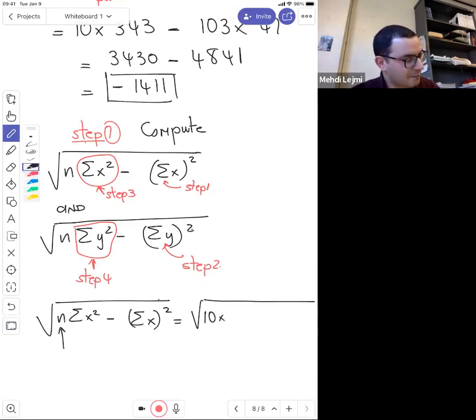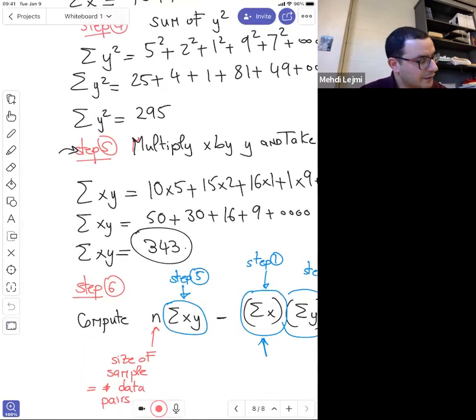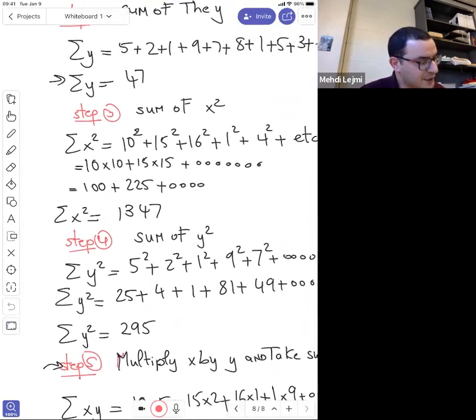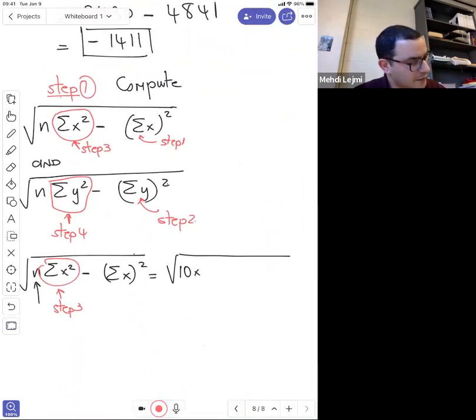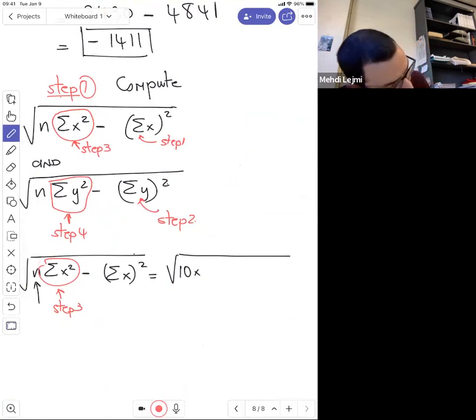We said that's from step 3, so let's get the number from step 3. That's 1347, so times 1347 minus, and then you take the sum of the x's.